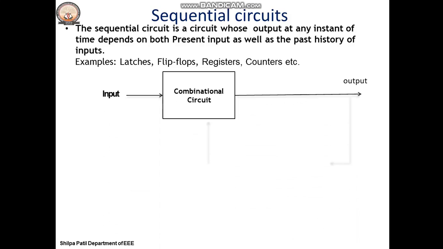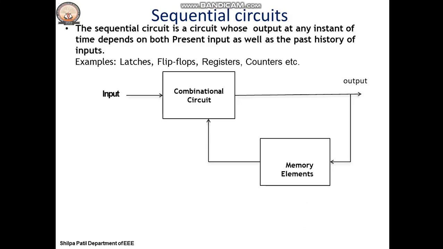Whatever output we have got will be stored in a memory element, then fed back to the input of the circuit to get the next state output. This is how we get a block diagram for a sequential circuit.